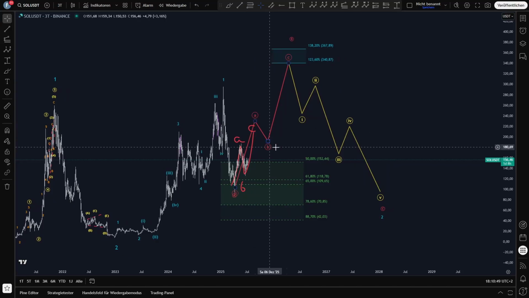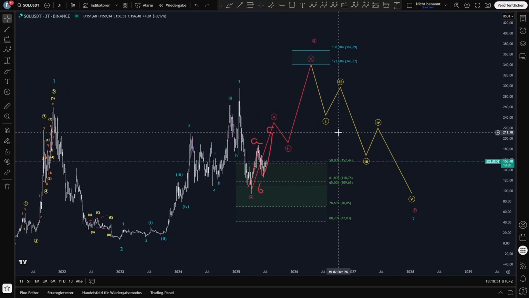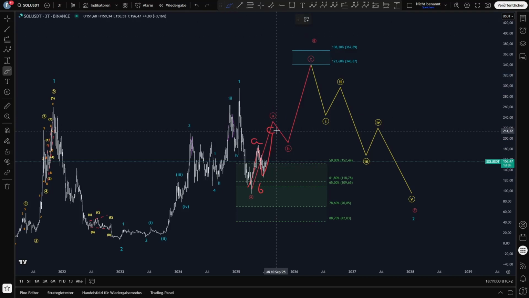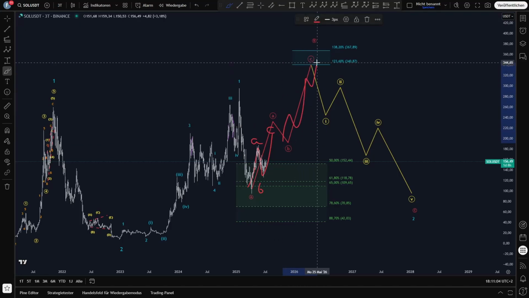So this ABC structure that we are currently making could be only the subwaves of this bigger A wave here. Then we could see a B wave and then a 5-wave move in a C wave. In that case, we would see an overshooting B wave.